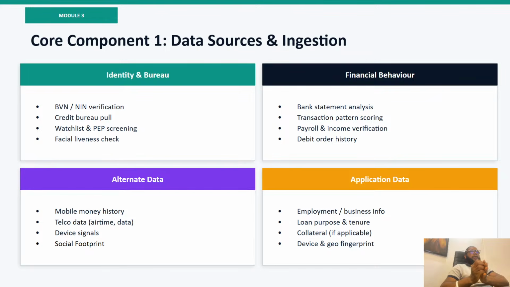What did the customer give to you? The employment information, the loan purpose, the device type, because you're able to get it from the applicant, and also the location of the customer.